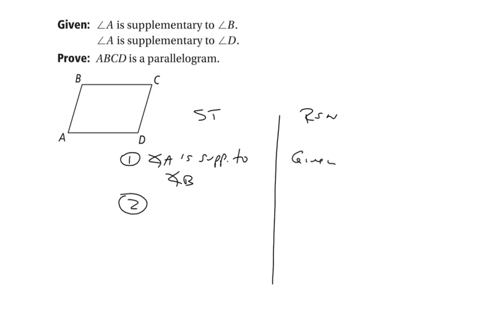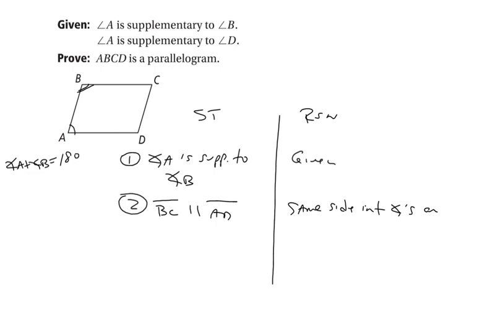What do I know because of that? If A is supplementary to B, that means angle A plus angle B sum to 180 degrees. Well, what does that mean? Immediately, I know that if A and B are supplementary, that means that line segment BC must be parallel to line segment AD. And the reason for that? Same side interior angles are supplementary.